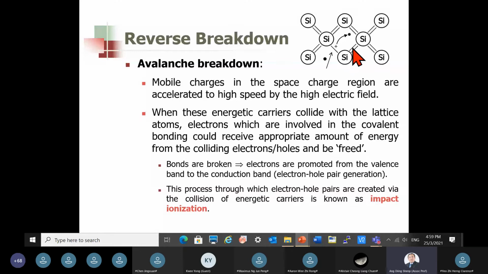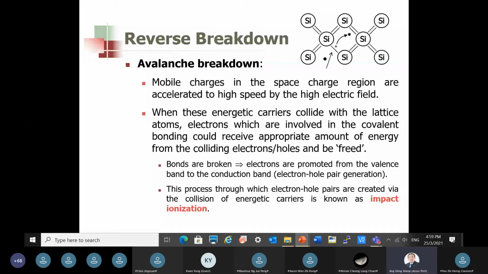When this valence electron moves from right to left, the hole can be visualized as having moved from left to right. So this is how we visualize the movement of holes in the valence band. It's actually opposite to the movement of the valence electron. Strictly speaking, it is the valence electrons that are moving, not the holes.